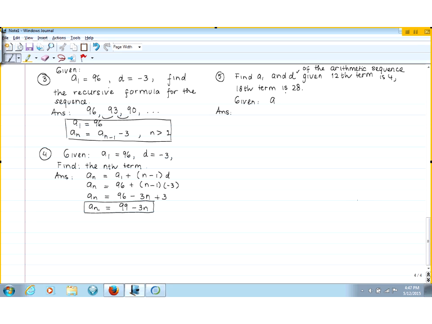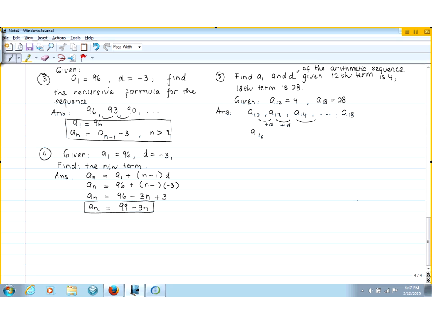So let's write down the given. Given is A12 is 4 and A18 is 28. So let's just use that we have A12, A13, A14, etc. until A18.